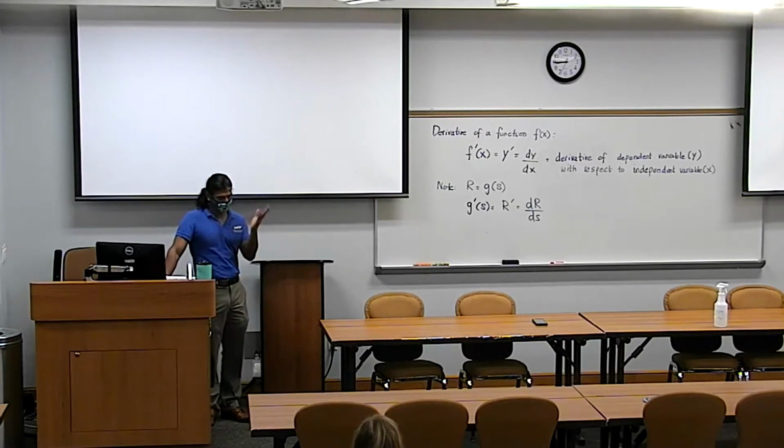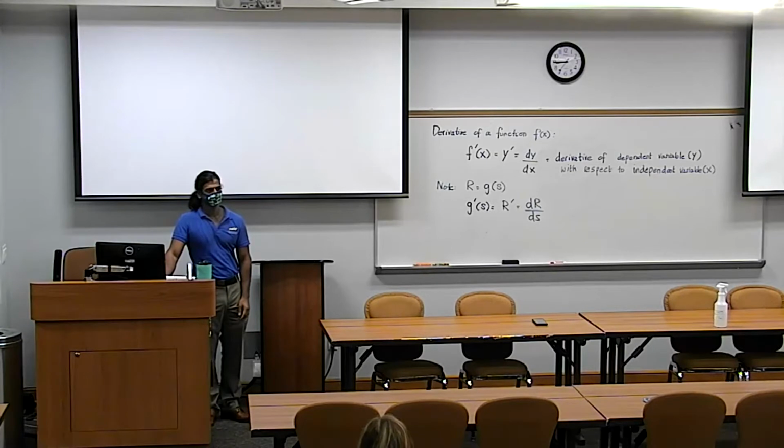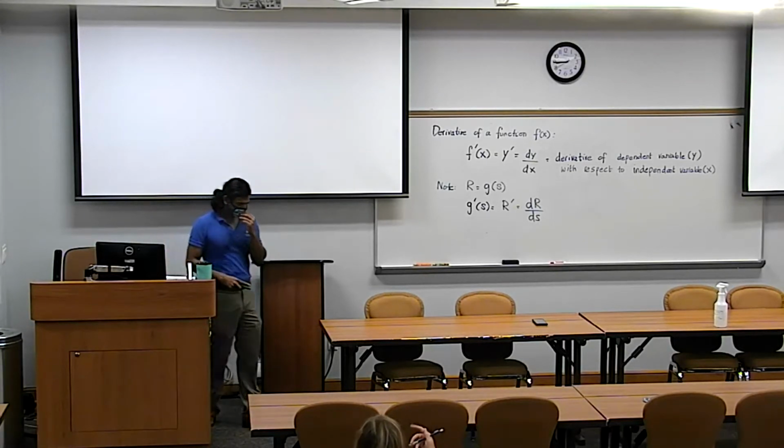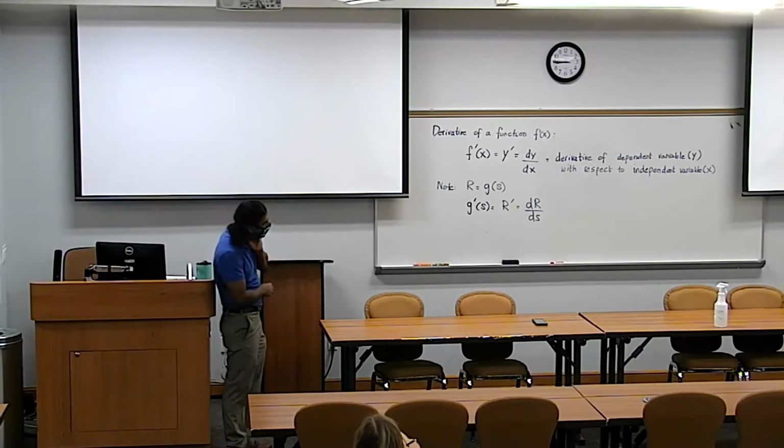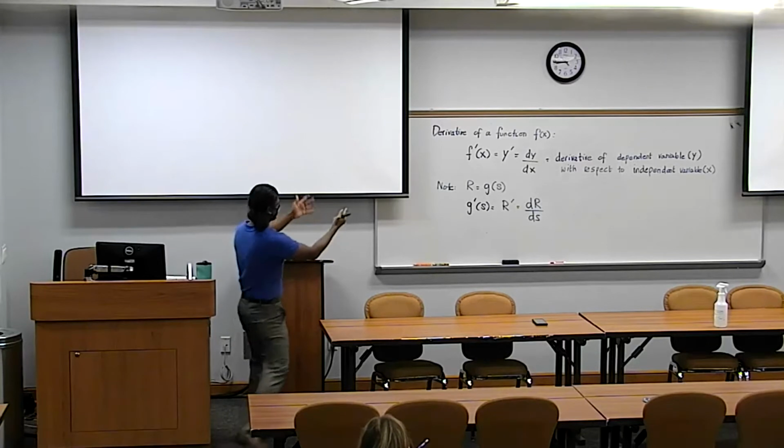How would you explain it to me? Go ahead. The r is the dependent variable and s is the independent variable. Yes. And then s is the independent variable. That is correct. So in words, what would this mean?